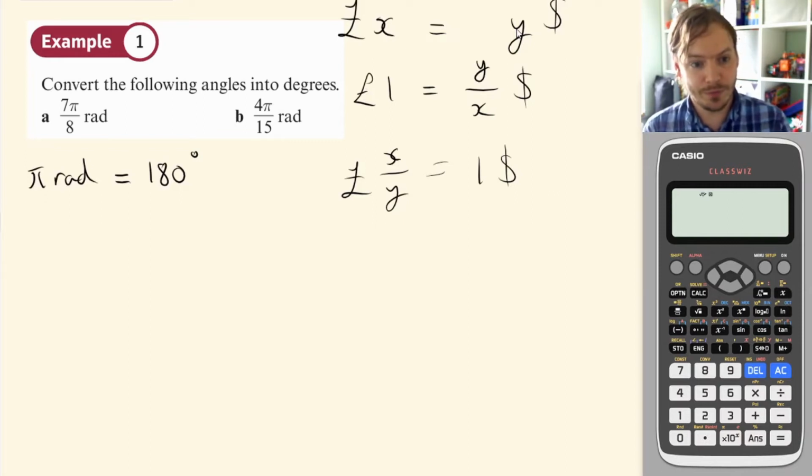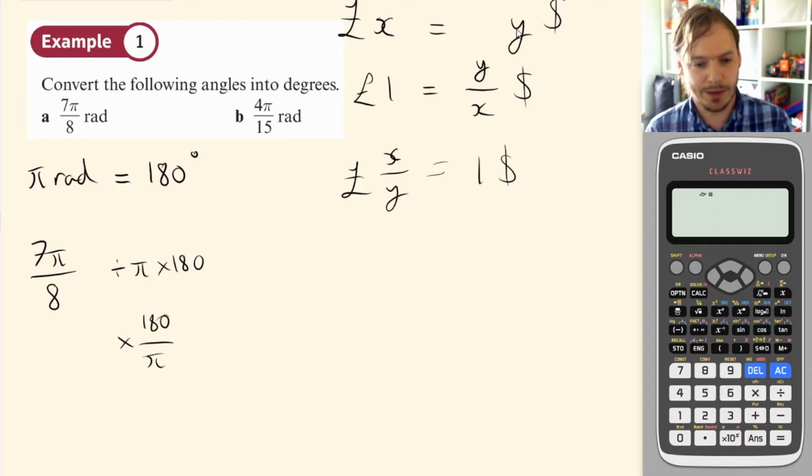So if I want to convert 7 pi over 8 radians into degrees, what I actually want to do is 7 pi over 8 divided by pi and then multiplied by 180, or as just a shortcut, you multiply it by 180 over pi. Okay, and that's it. That's all we have to do.